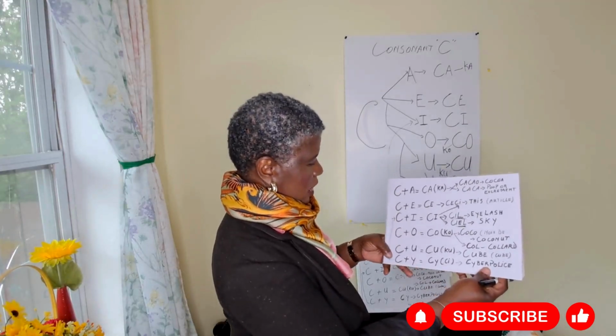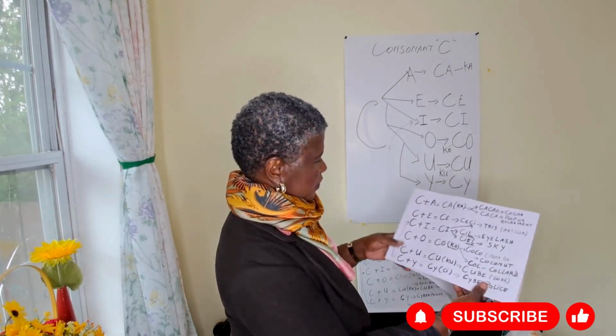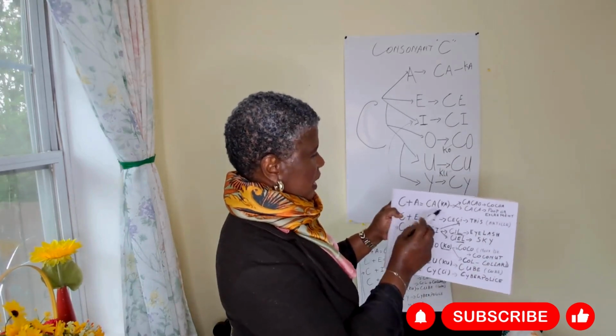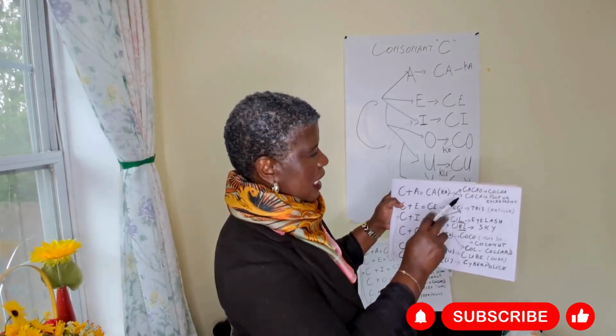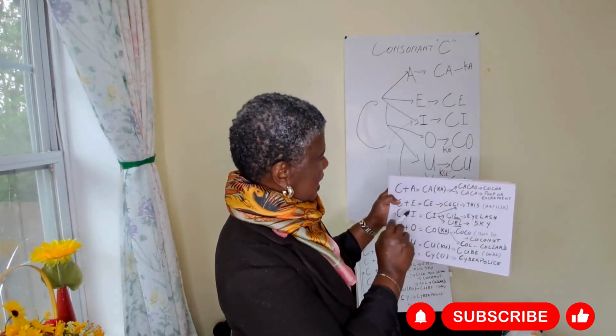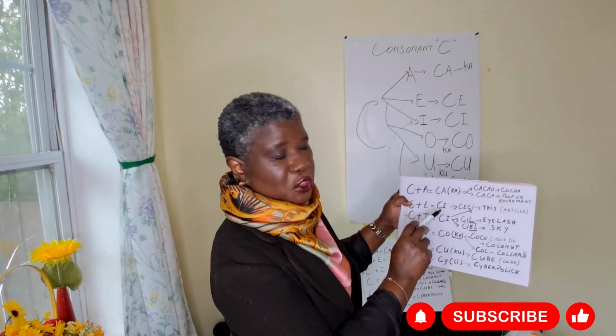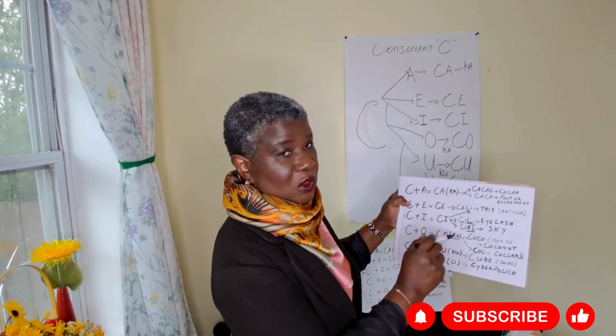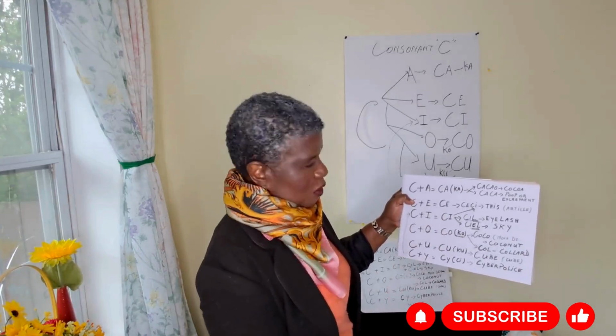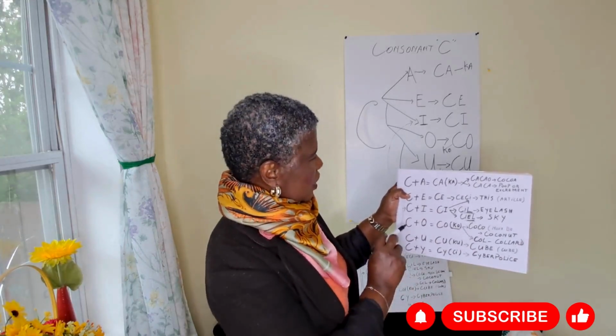Just to recapitulate. C plus A reads like K, like in coco, caca. C plus E reads like S, like ceci. Or also like Cécile in French.